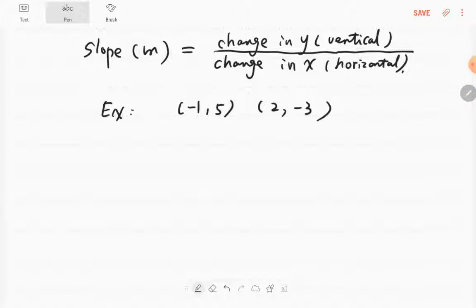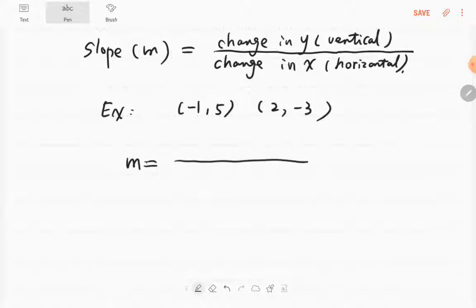We are given these 2 points, and we want to find the slope of this line. Let's see how we can get the slope M. M is the notation of slope.